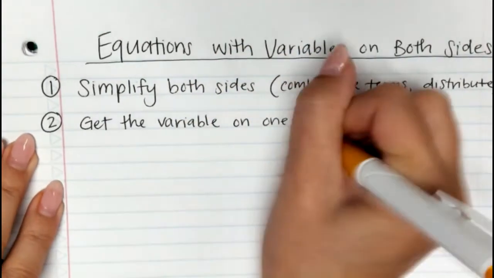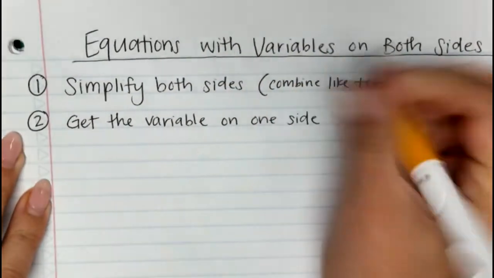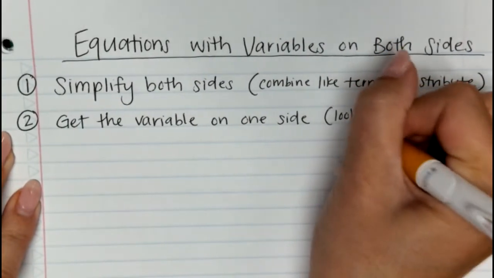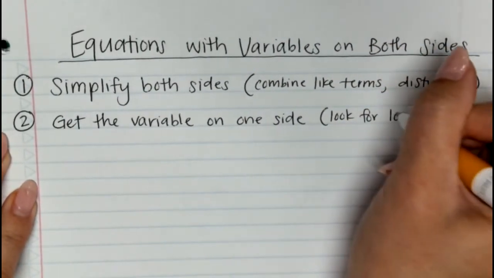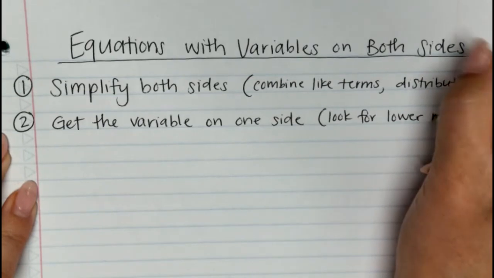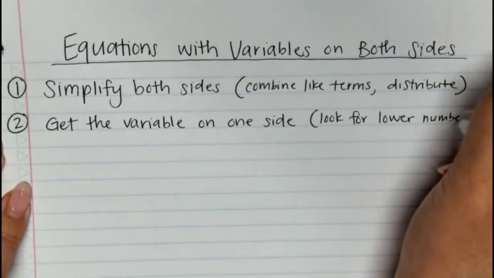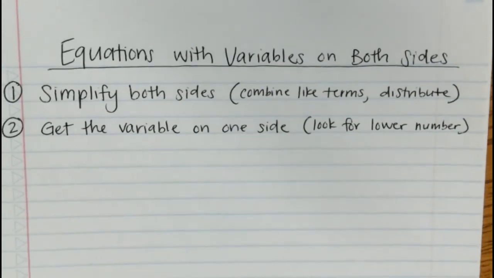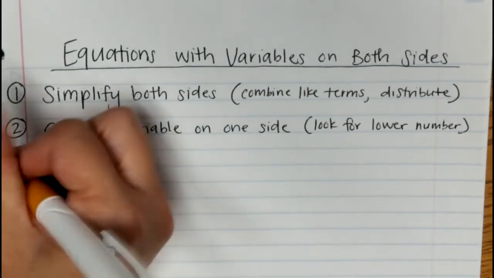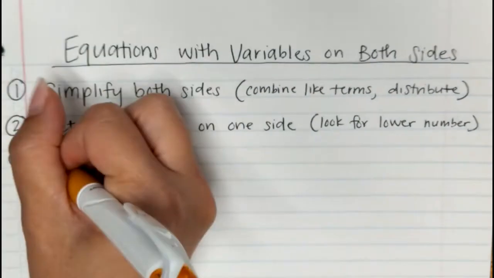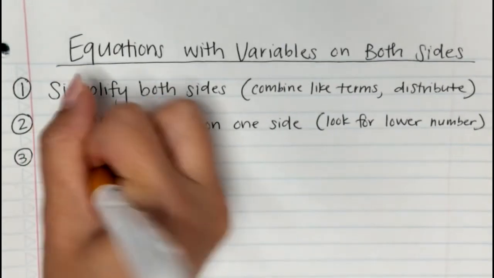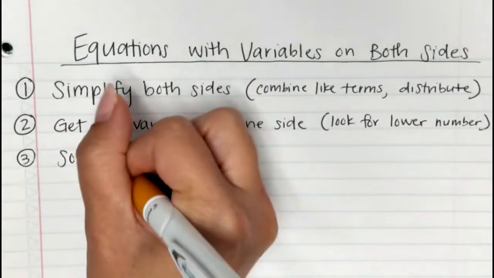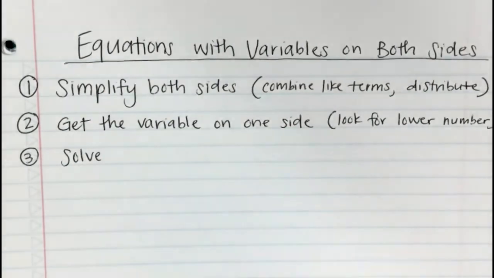And the best way to do that is to look for the lower number. Once you've gotten the variable on one side, you'll see a regular two-step equation. So then you would just solve the equation.